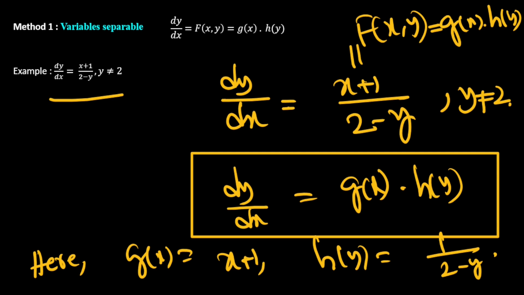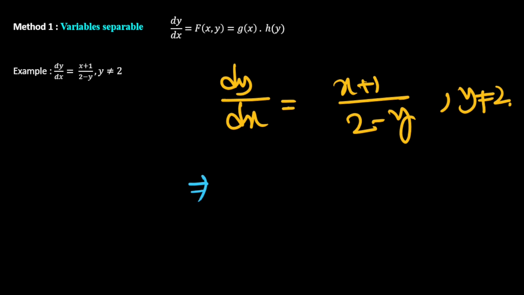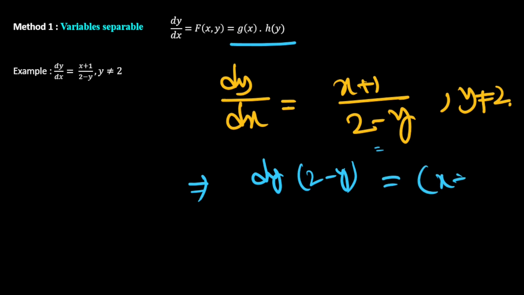Next is how to solve this differential equation. We write it in the form dy/dx = g(x) h(y). Once we write it in this form, we multiply dy by the y terms, that is (2 - y), and multiply the x term by dx.